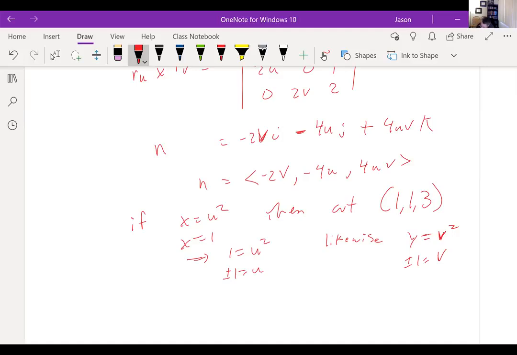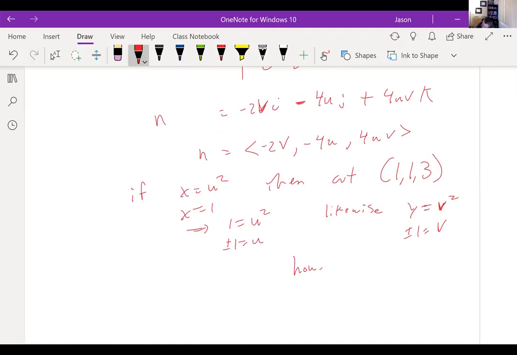However, z is equal to u plus 2v, and we know that's equal to 3.